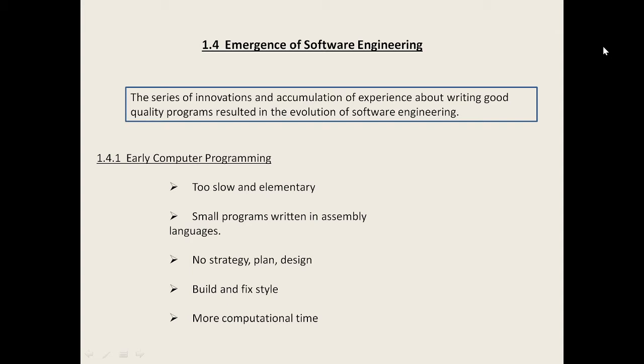And about writing good quality programs resulted in the evolution of software engineering. There are a series of innovations. We shall examine a few of these innovations and programming experiences which have contributed to the development of the software engineering discipline. So learning about the early computer programming.